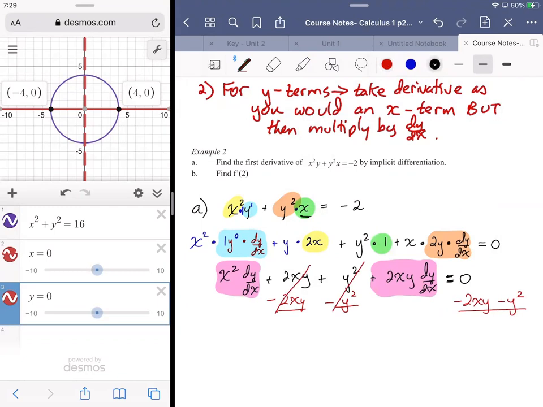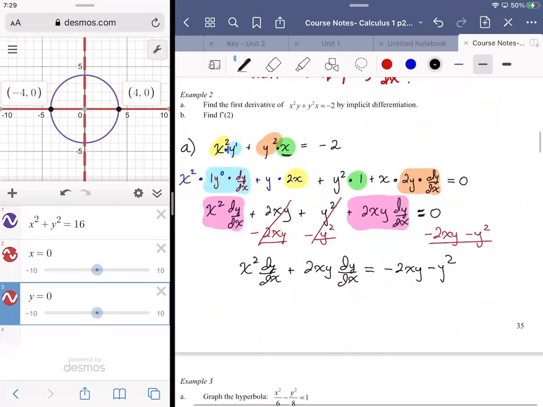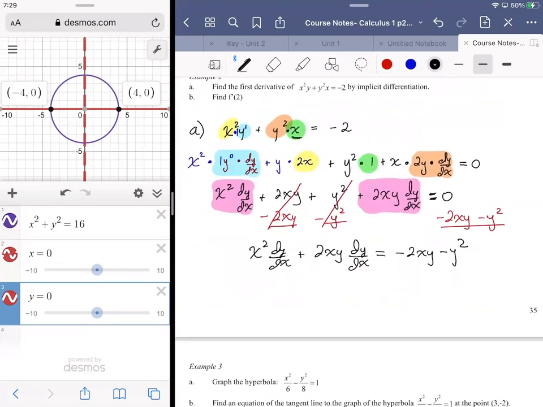So I would have x squared dy dx, I'll get to the chat in a second, plus 2xy dy dx is equal to all that stuff on the right. And then I have to factor out a dy dx on the other side.